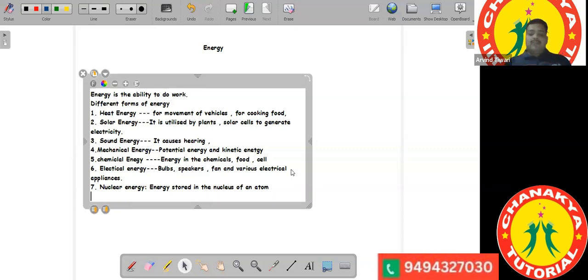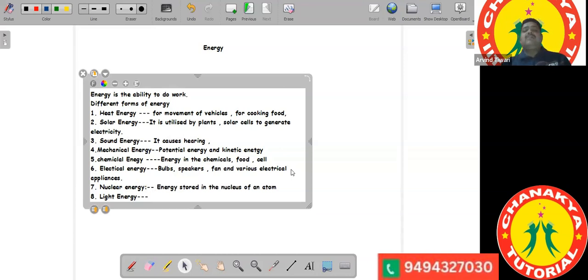You also have another form. Can you name it? We have light energy. Light is also a form of energy. So these are the various forms of energy: nuclear energy, light energy, sound energy, heat energy.